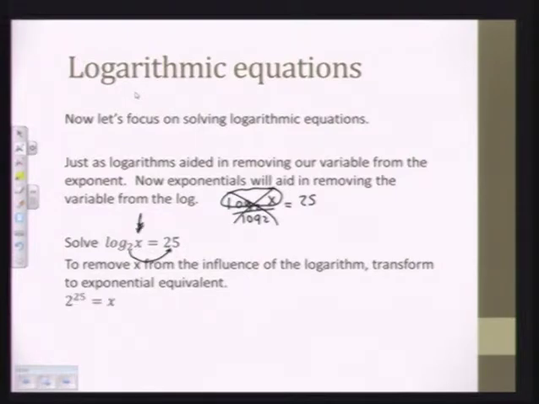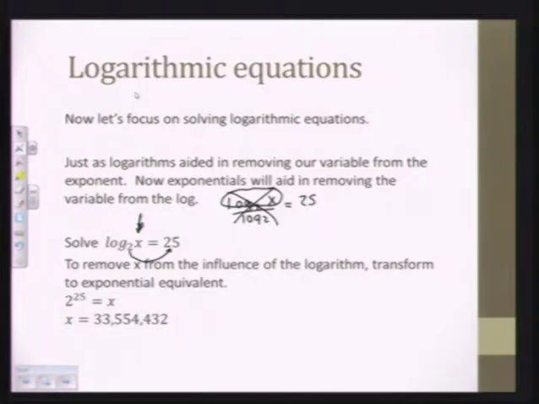And so when we do that, we get 2 to the 25th equals x. Well, all of a sudden, we've just solved for x. And our answer, by the way, is a huge number because we've multiplied 2 by itself 25 times. It's 33,554,432. You didn't think it would be that big, would you?